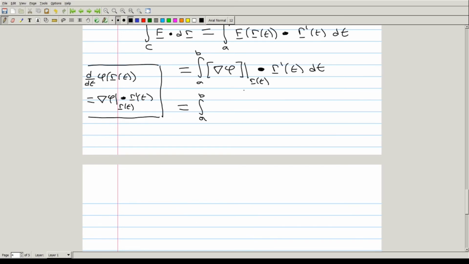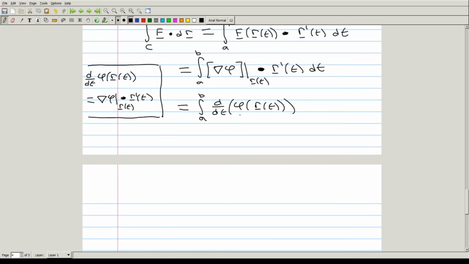So what we have inside this expression is exactly just the t derivative of the composition of phi, the scalar potential, at the point R of t.